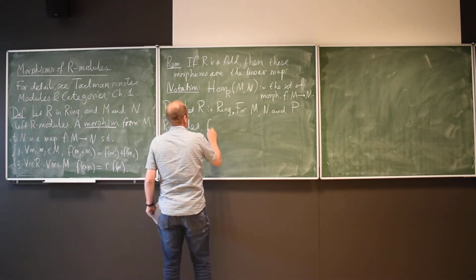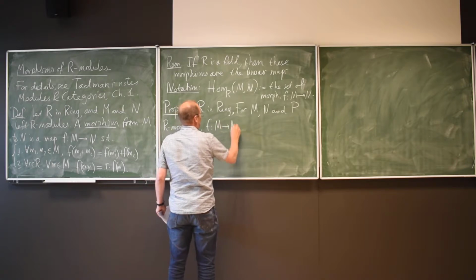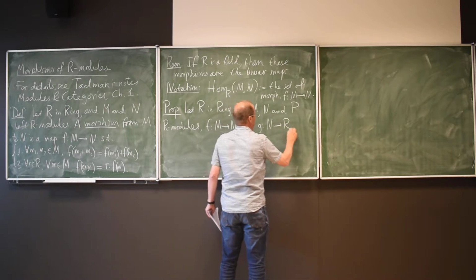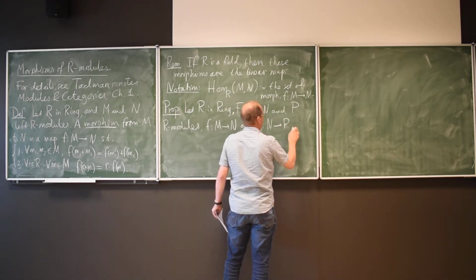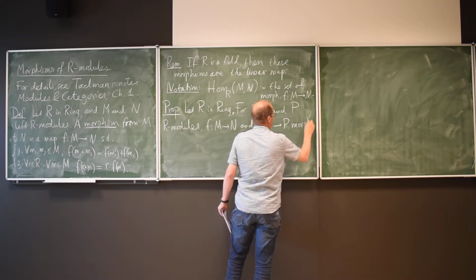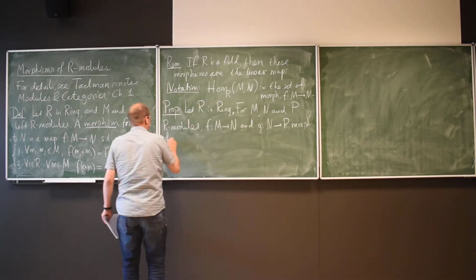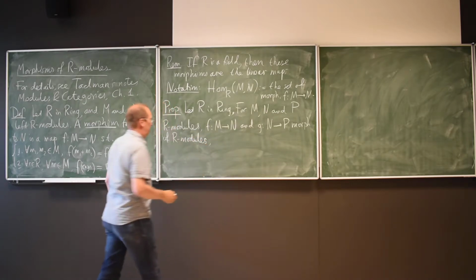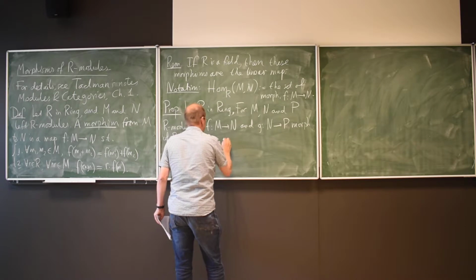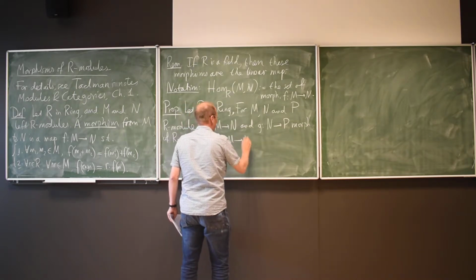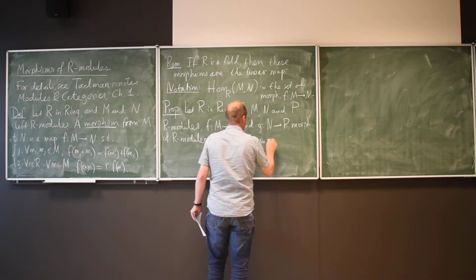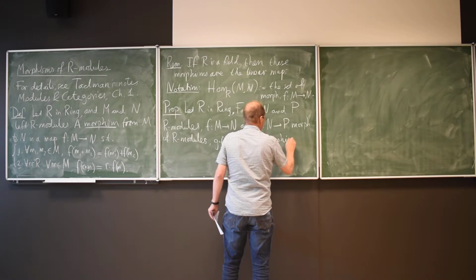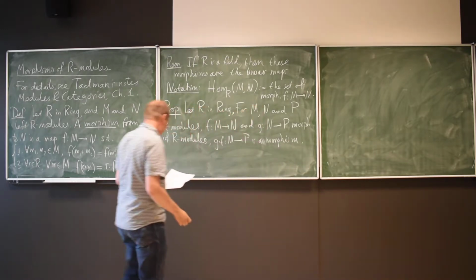And for F from M to N and G from N to P, morphisms of R modules, the composition G compose F, and this goes from M to P, is a morphism of R modules. Is a morphism, so that is this.